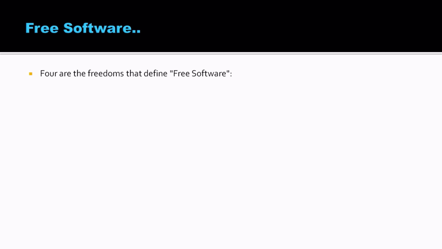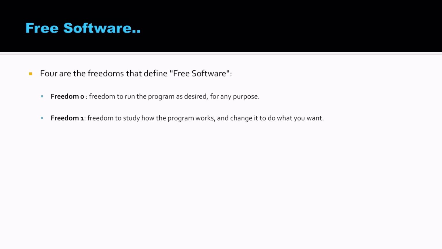So there are four definitions that define free software. The first one is known as freedom zero: the freedom to run the program as desired, for any purpose. Freedom one: the freedom to study how the program works and change it to do what you want. Access to the source code is a necessary condition for this.